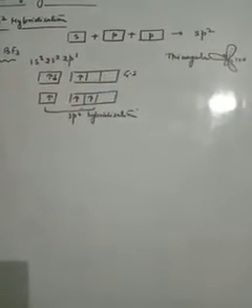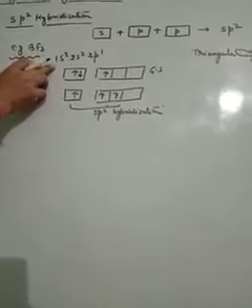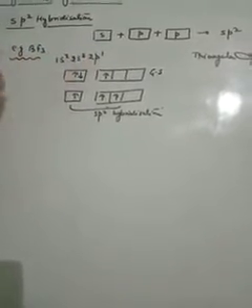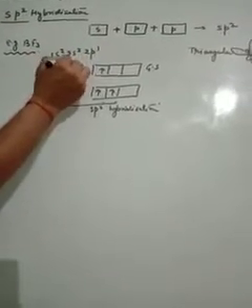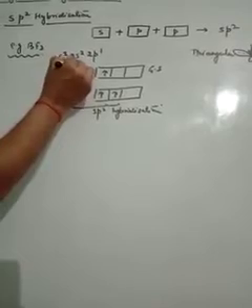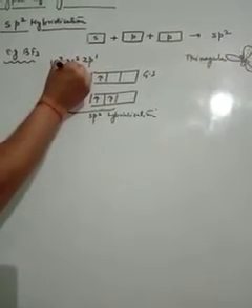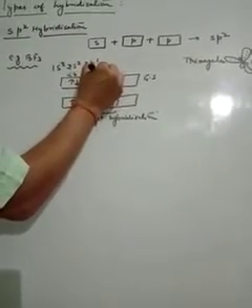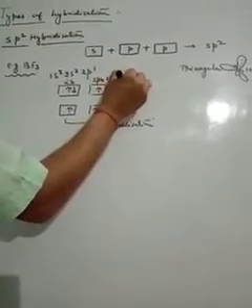Here I am taking the example of BF3. Electronic configuration 1s2, 2s2, 2p1. Now when we pair the electrons in 2s, here, this is 2s, and these are the 2px, 2py and 2pz.